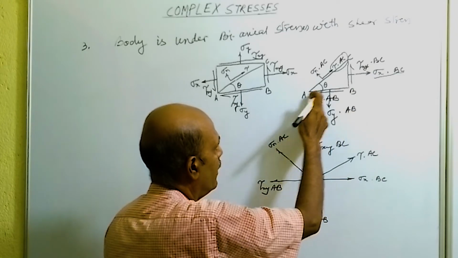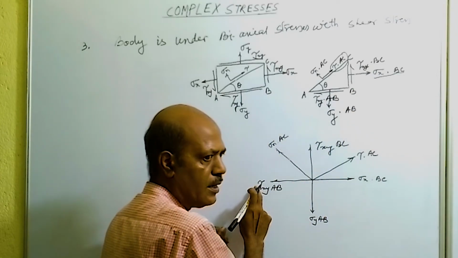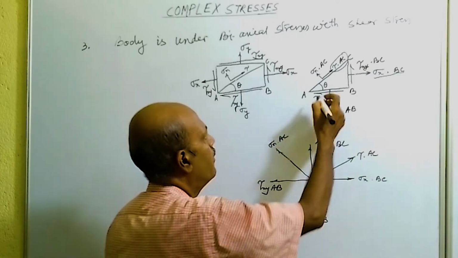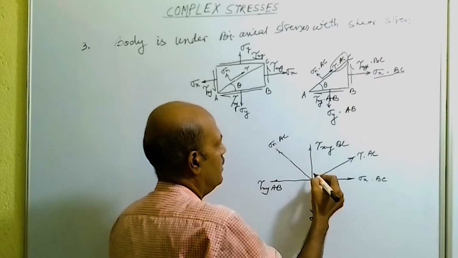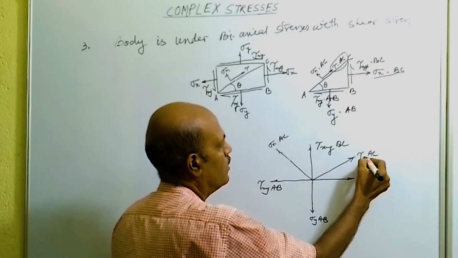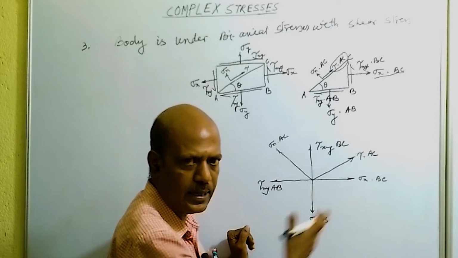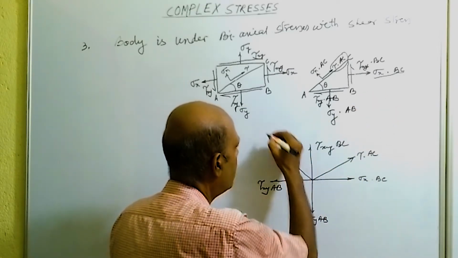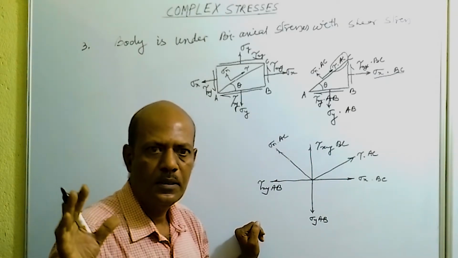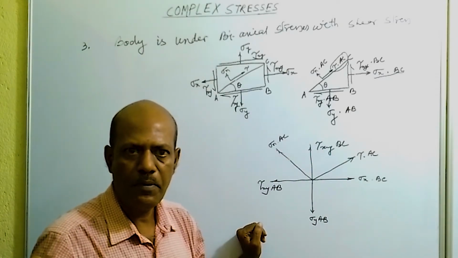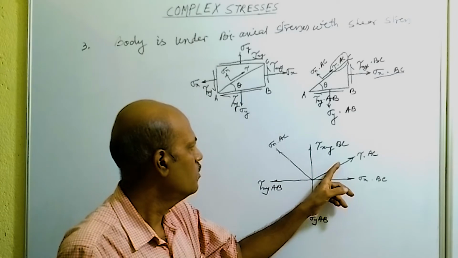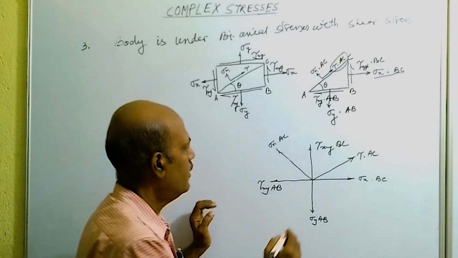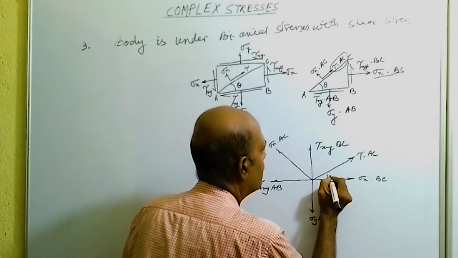Tau xy into AB, it is acting towards left direction, and tau into AC, that is the tangential force which is acting at an angle theta with x direction, and sigma n into AC, the normal force acting on inclined plane which is perpendicular to this direction, and this angle is given as theta.